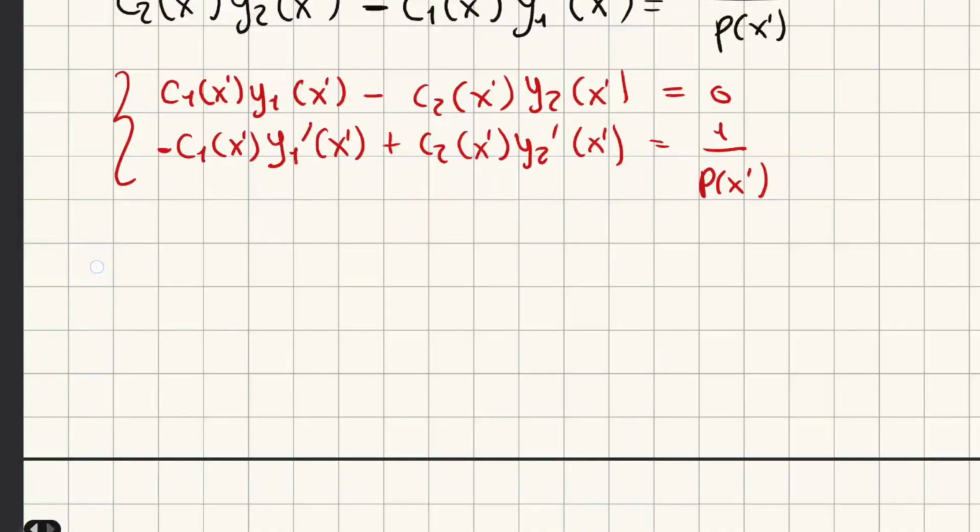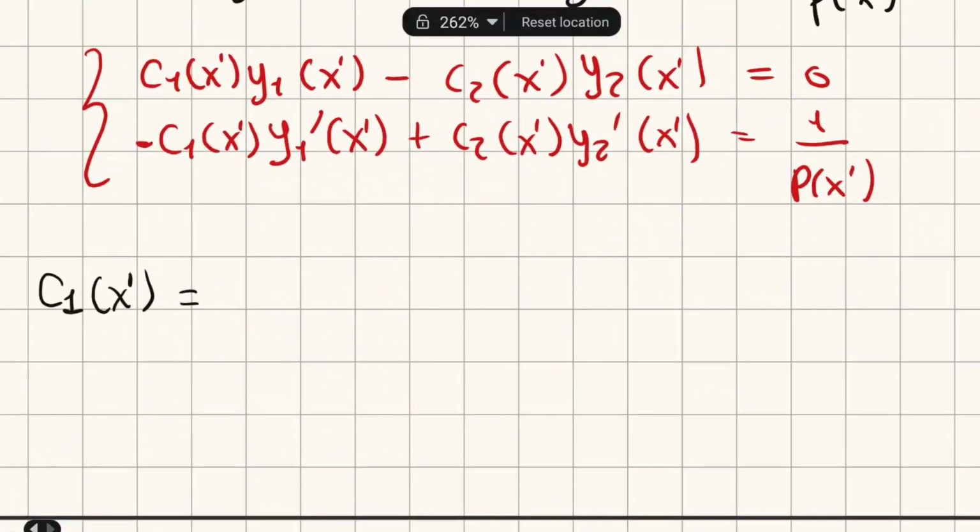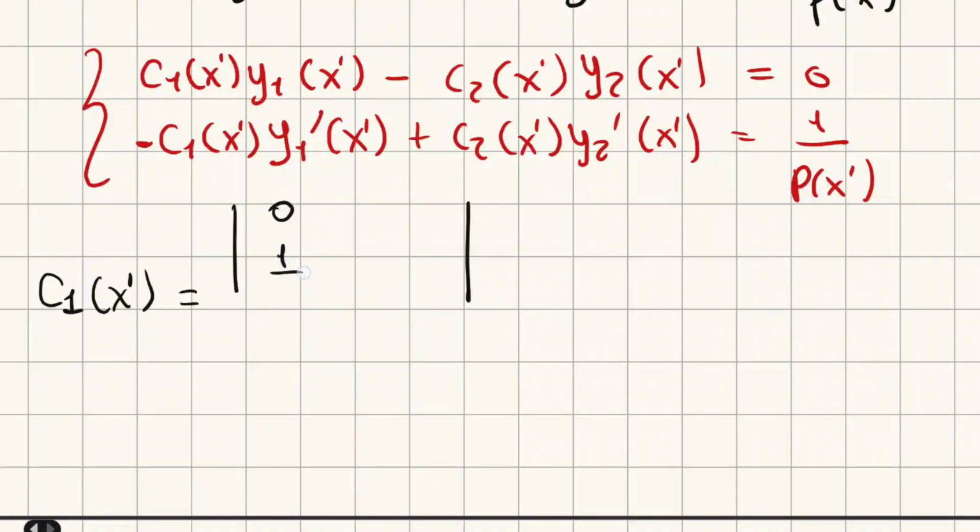Well, c1 of x prime should be equal to a determinant, right? Here we are going to put 0 and then 1 divided by p. And then here we will have minus y2 of x prime and then y2 prime of x prime.